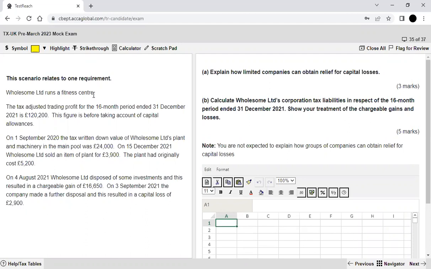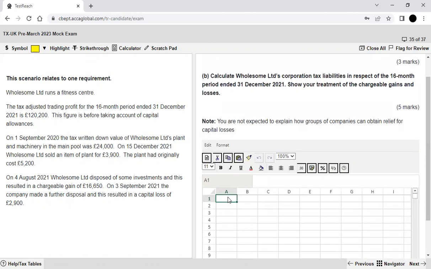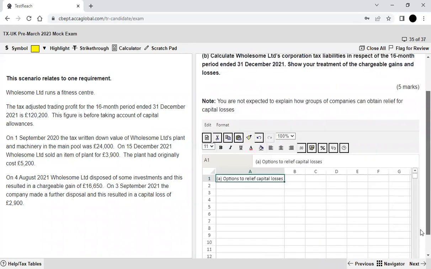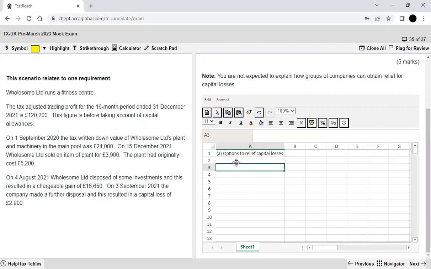Keep your discussion limited to the individual company. What are the options?